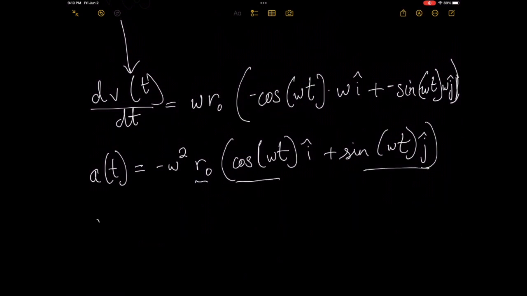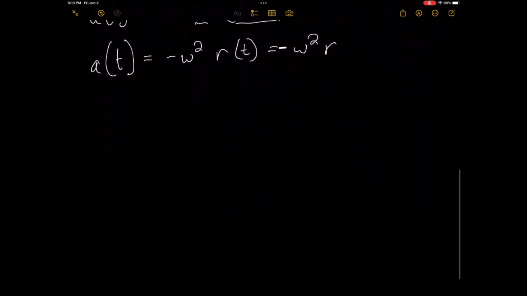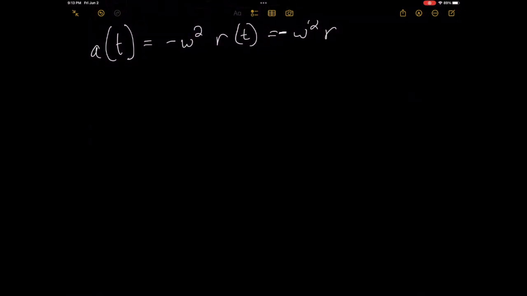So a of t is actually negative omega squared r of t. So that's part A.